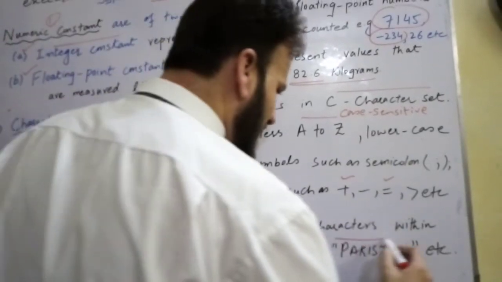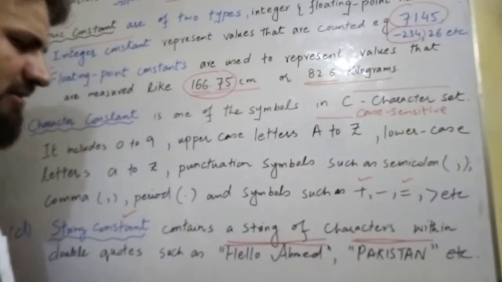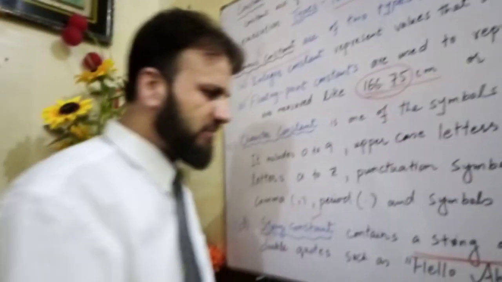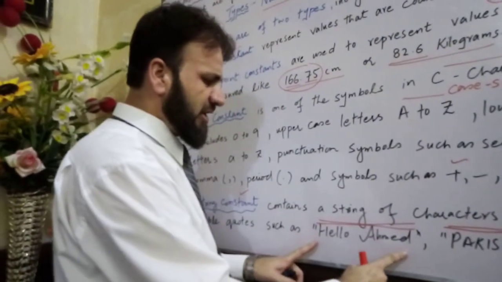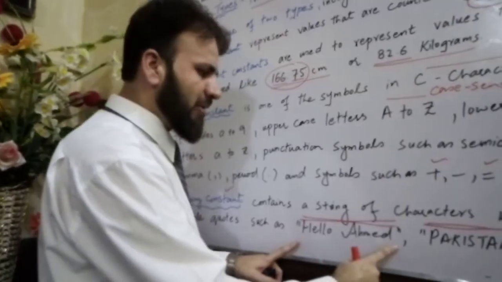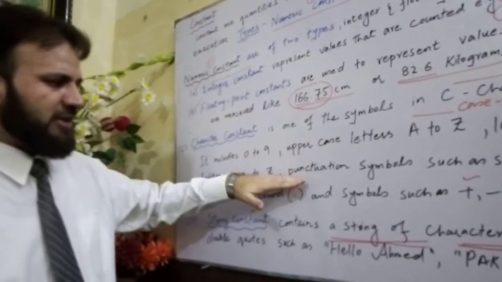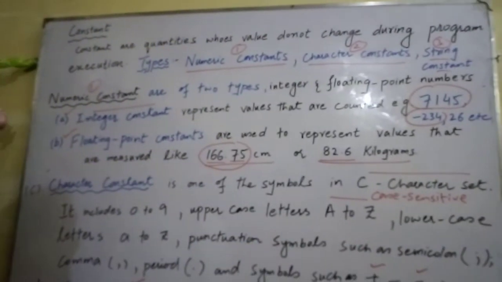Similarly, in these double quotes there is the word Pakistan. The C compiler will consider it a string constant. These two are string constants, and generally we write the string constant in double quotes and the character constant in single quotes. So these are the constants that we use in C language.